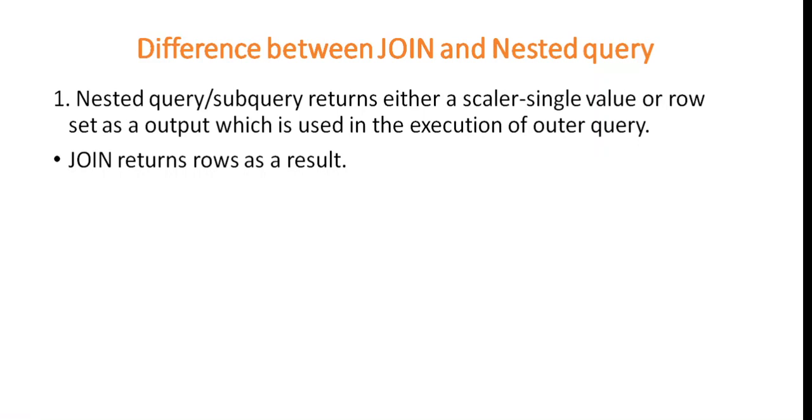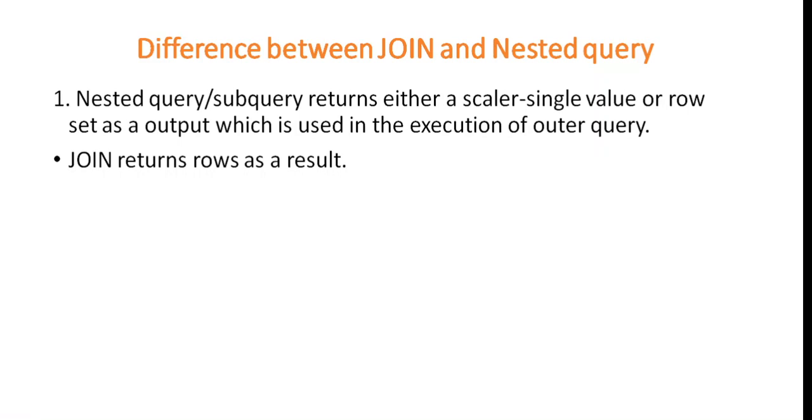But the difference is that when we work with a nested query, we can get either a single value or a row set, and that set is not an output. That is used as an input for the execution of the outer query. But when we execute a join query, it returns rows, and that set is nothing but a result.